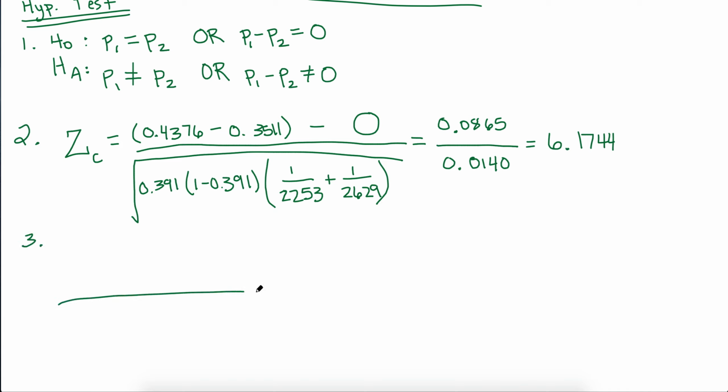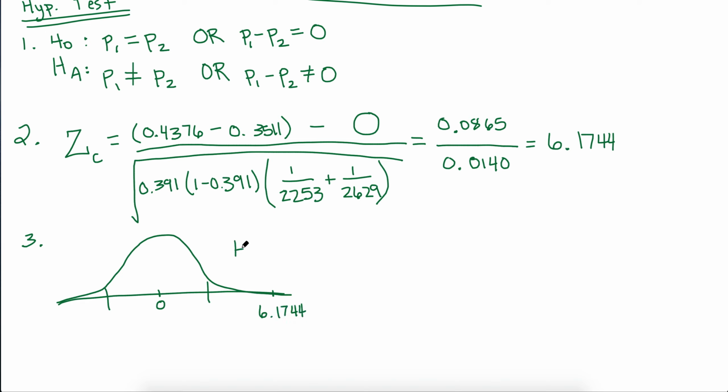So go ahead and draw a picture to help avoid making careless mistakes. And try and draw it sort of to scale. So here we've got our plus or minus 3, where most of our data is, zero in the middle. Our test statistic is somewhere way out here in no man's land, this 6.1744.